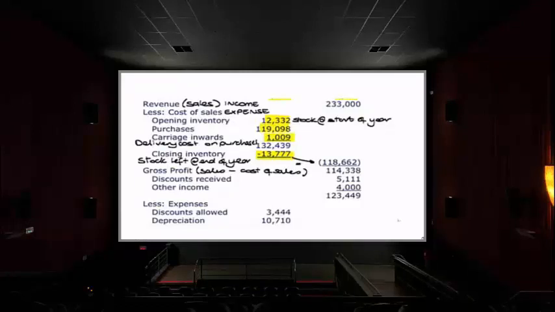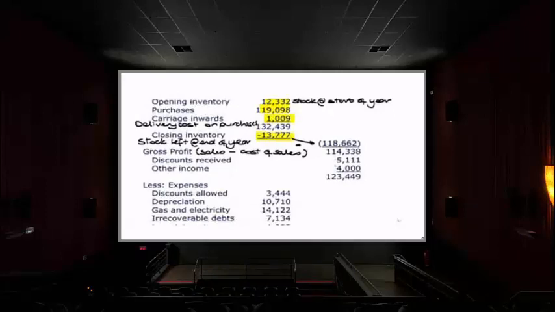Now at that point we can add any other forms of income. So, if we receive any discounts on purchasing goods from a supplier, discounts received would get added at that point.